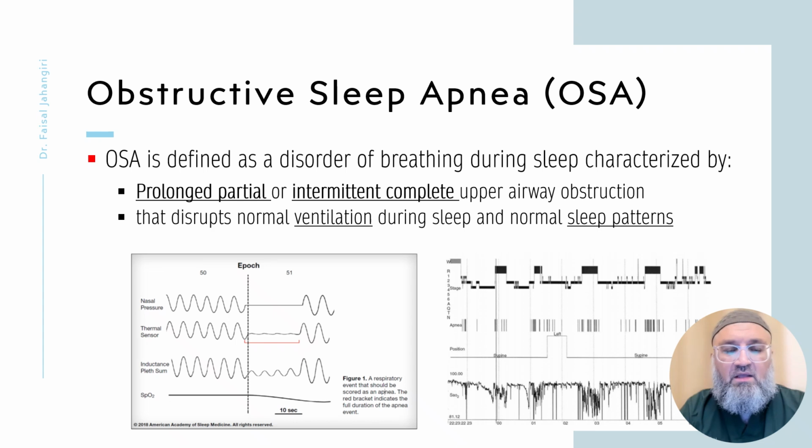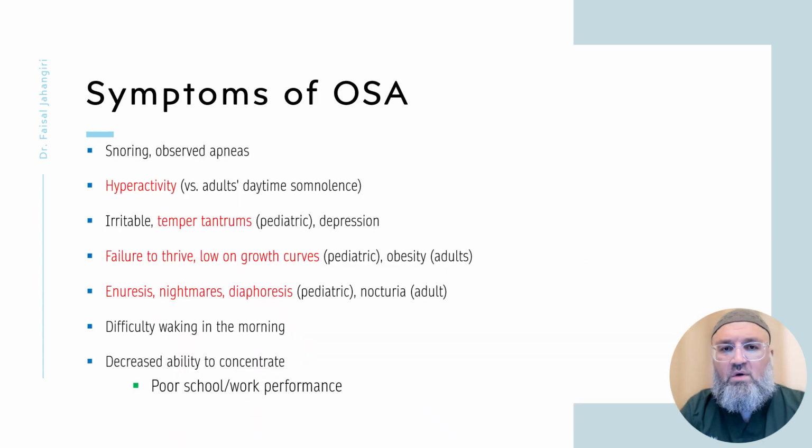Here we can see EEG, time, nasal pressure, a thermal sensor, and the inductance bands, and oxygen level. The last one is SpO2, the blood oxygen level, and it drops significantly. You can see the normal pressure suddenly stops and then starts again. So what are the symptoms of obstructive sleep apnea?